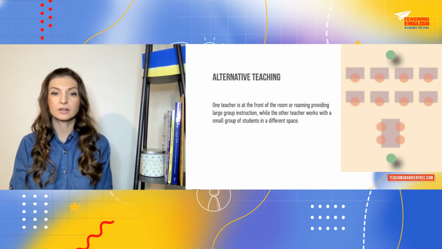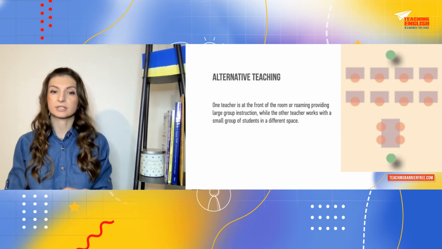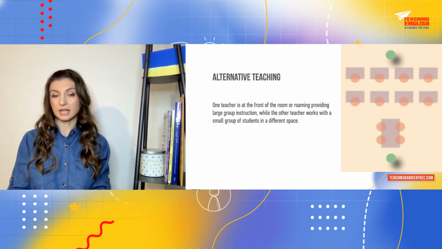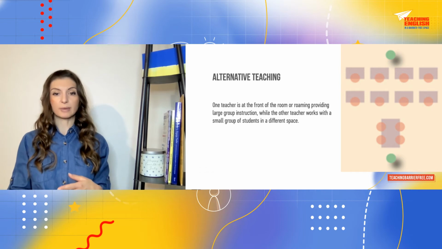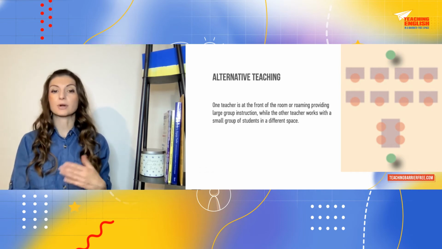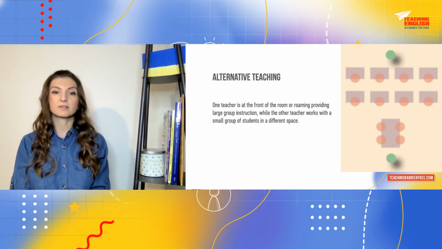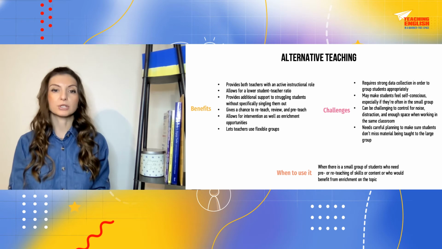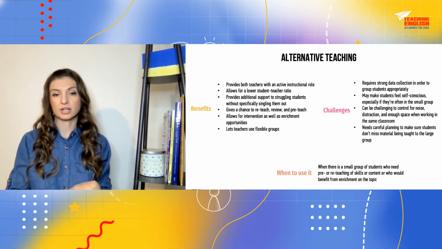This will help you figure out which students need support filling in gaps in background knowledge, which students need remediation, or which students could benefit from accelerated learning because they already know the content or have mastered the skills of the large group lesson. Here is more of what you need to know about alternative teaching. Please refer to the slide.